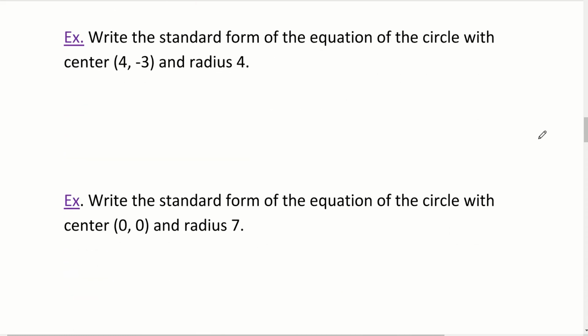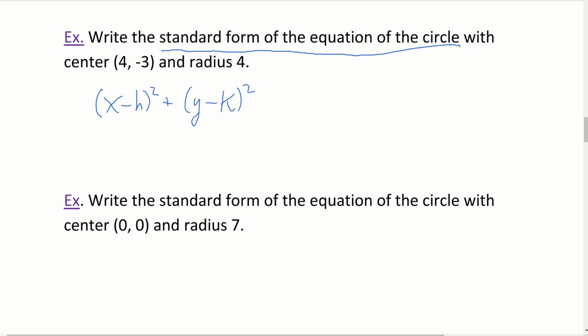They ask us to write the standard form of the equation of a circle with center 4, -3 and a radius of 4. So first things first, we pick up on that buzzword, standard form of the equation of a circle. So we know that that means the following formula: x minus h squared plus y minus k squared is going to be equal to r squared.